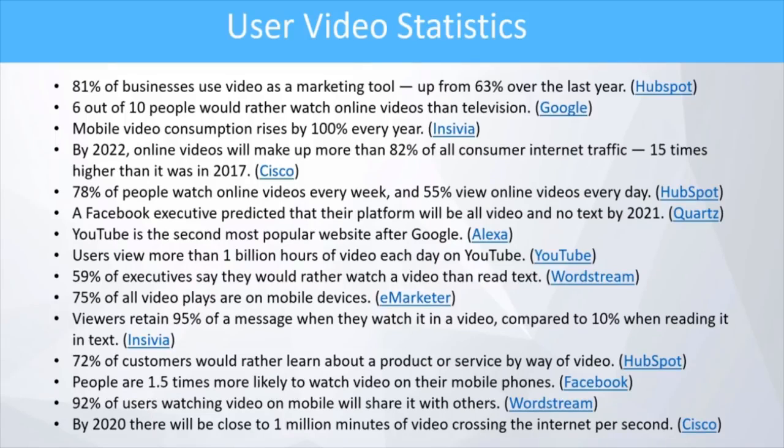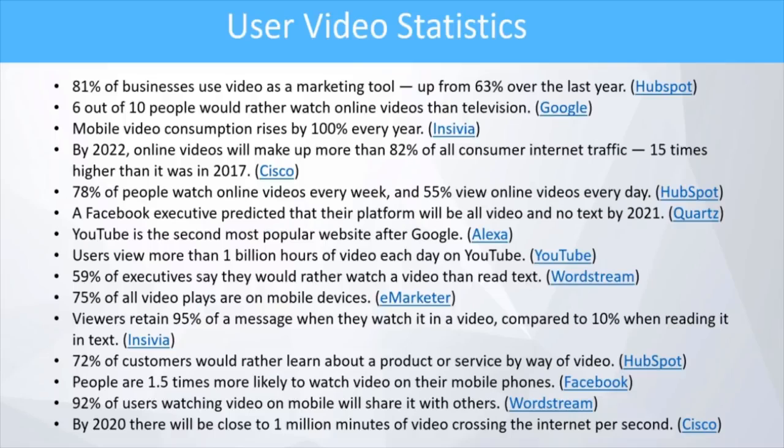And 72% of customers would rather learn about a product or service by way of video. People are 1.5 times more likely to watch video on their mobile phones, again, going back to the importance of mobile optimization. Now, this statistic is really important. 92% of users watching a video on mobile will share it with someone else. That's amazing.